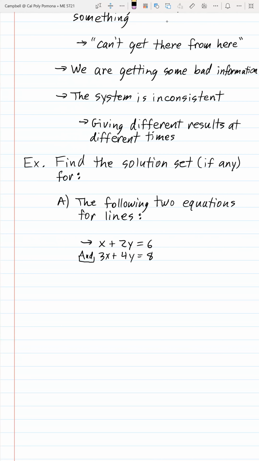A little hard to interpret what's going on. So let's go ahead and just rearrange things a little bit. Solving for y, we could have y is equal to negative 1/2 x plus 3. And because remember that "and" still applies, y is equal to negative 3/4 x plus 2. So of course, since we have that "and" there, these are simultaneous equations.